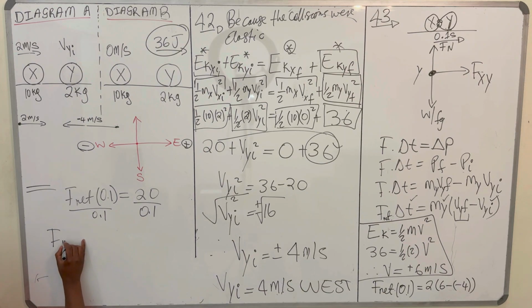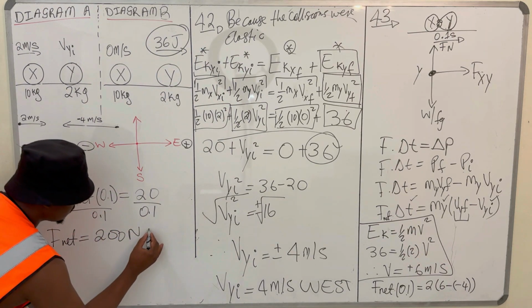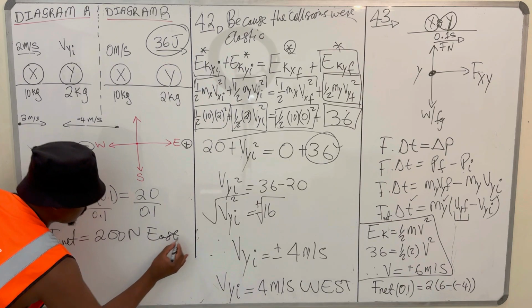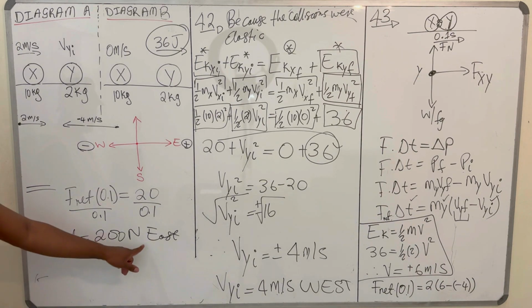So you get that your net force is equal to 200 newtons, and it should be eastwards. But they only wanted the magnitude, so here the magnitude is 200 newtons. But if they wanted the entire net force, it would be 200 newtons east. And we're done with this question.